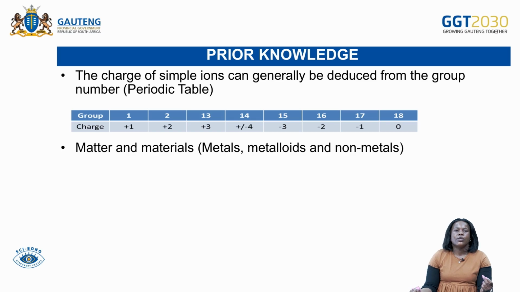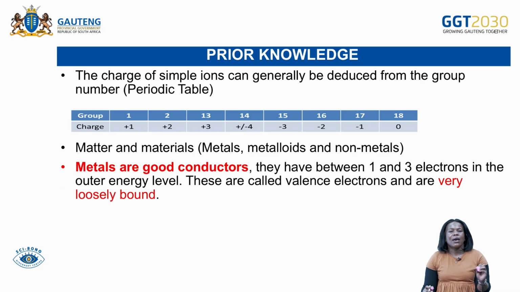All right, so in that periodic table in grade 10, we were able to say, okay, where are our metals, where are our metalloids, and where are our non-metals. We went as far as giving them characteristics. How can we see that this one is a metal? So they are shiny, they're good conductors of electricity and heat, whereas the non-metals are the opposite of everything that the metals are.